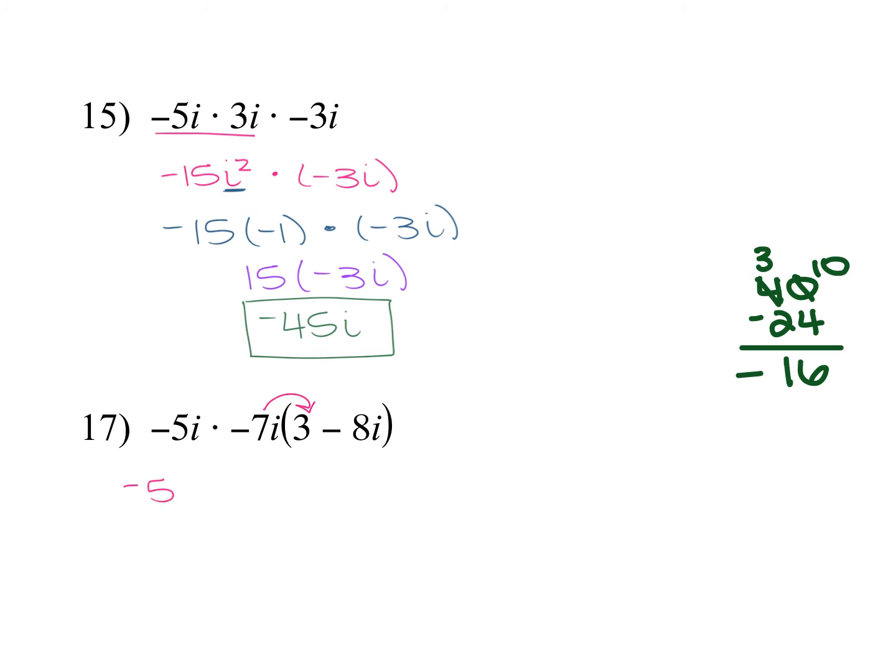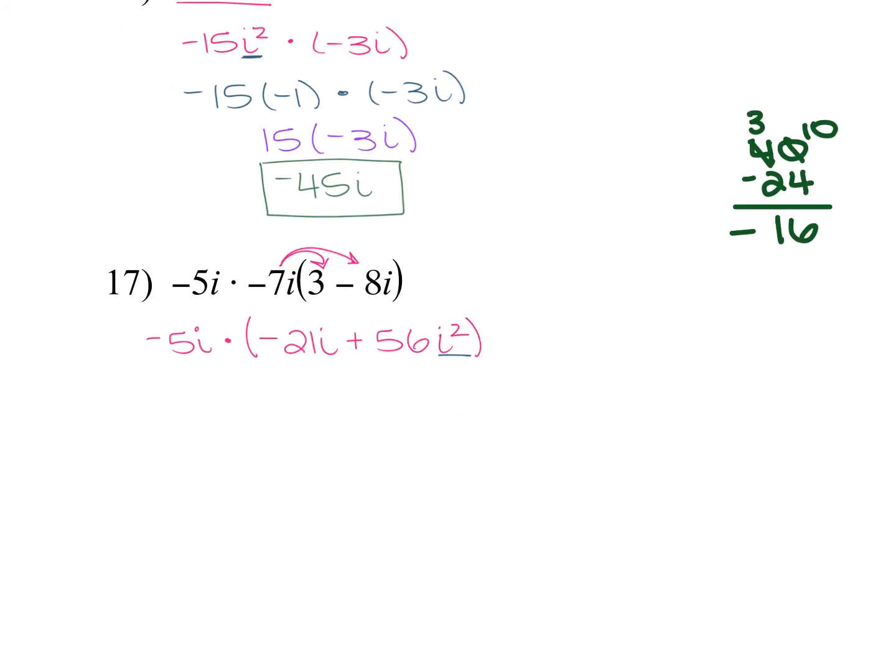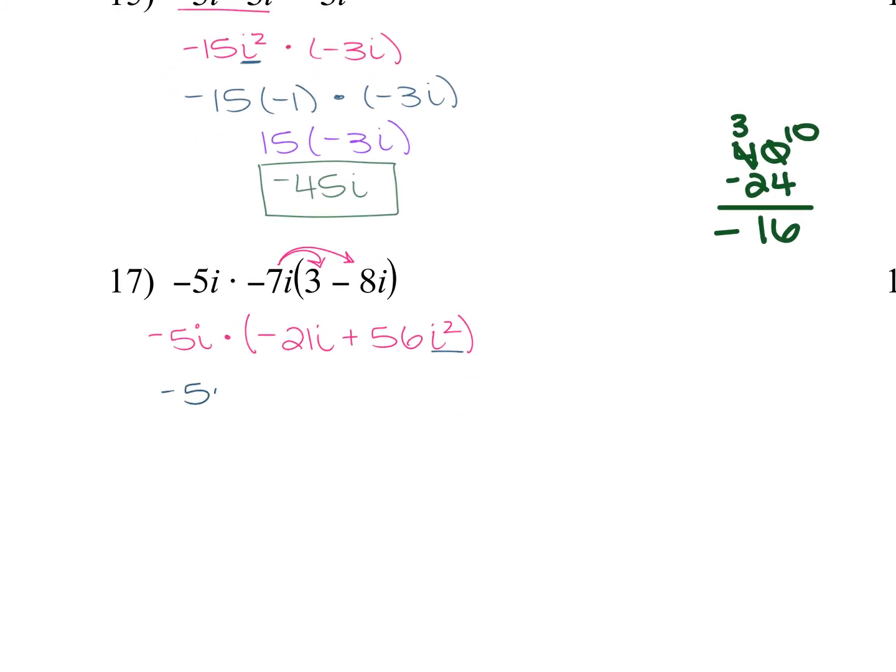That's going to give us negative 5i times negative 21i plus 56i squared. That i squared turns into what? Negative 1. So negative 5i times negative 21i plus 56 times negative 1.